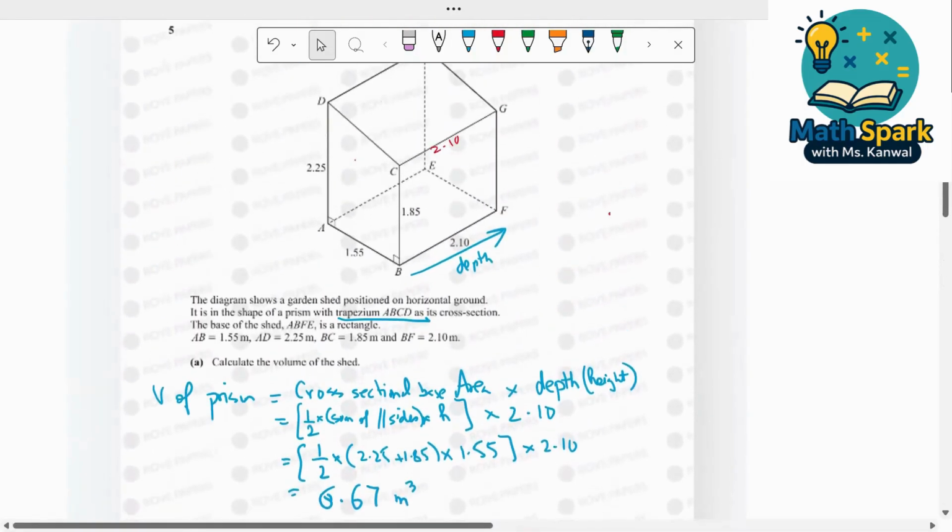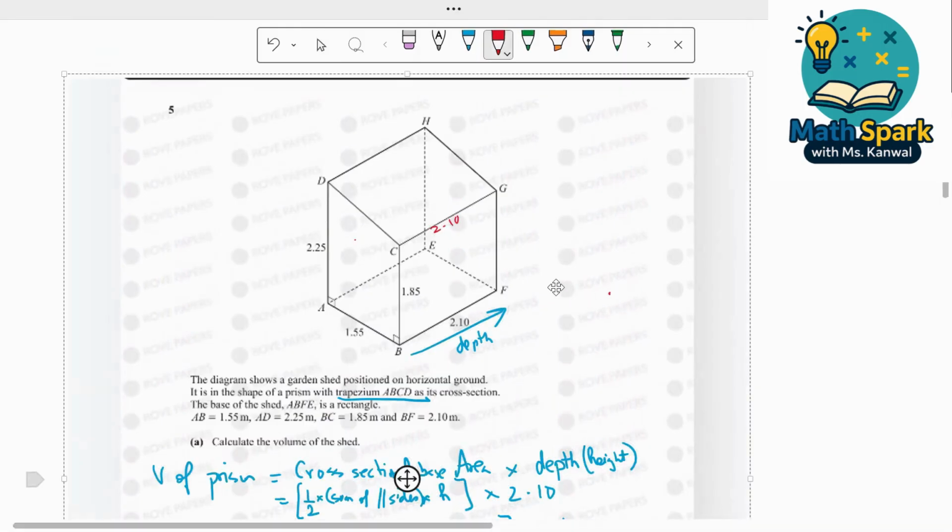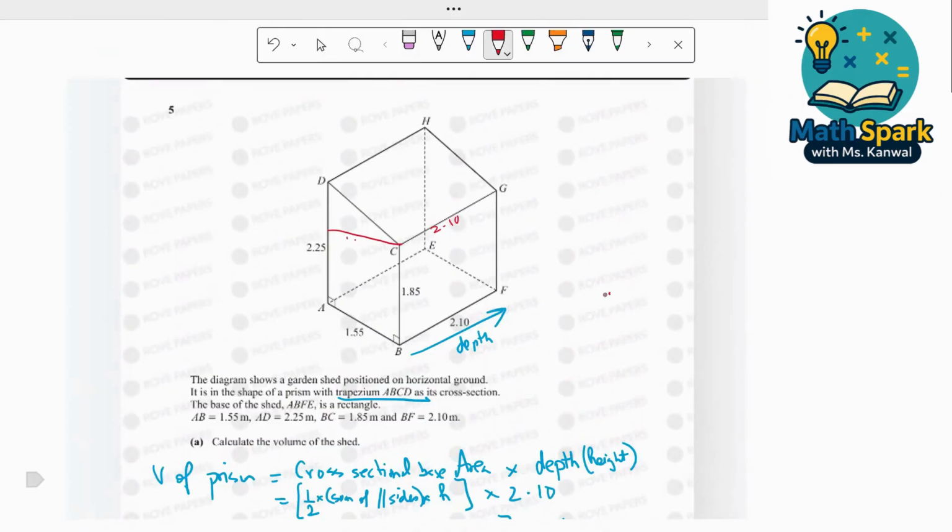The roof of the shed is given and it has to be painted. So in the case of painting, we need to get the surface area of the top. We already have 2.10. To find the area, we need this DC. Here, this is 1.55, and this will be 2.25 minus 1.85, which gives us 0.4.